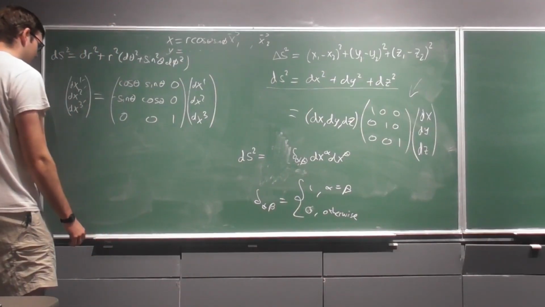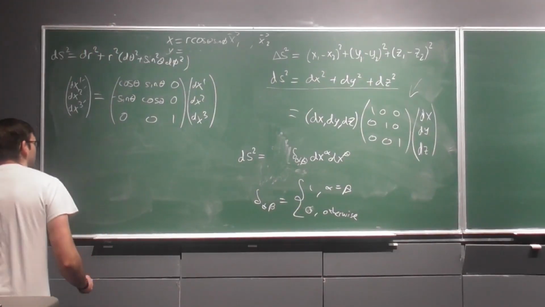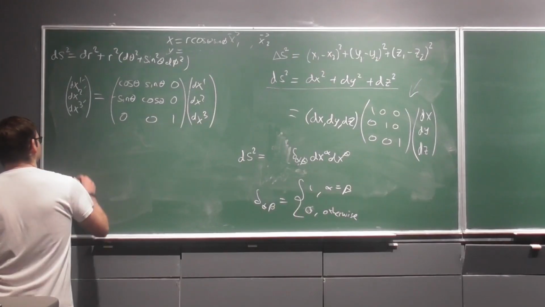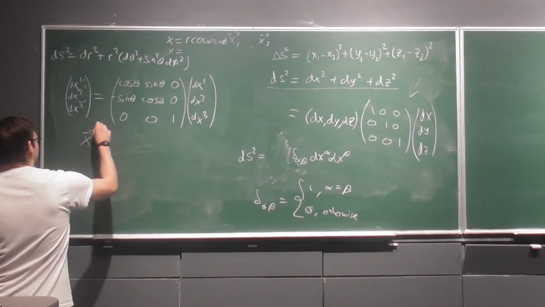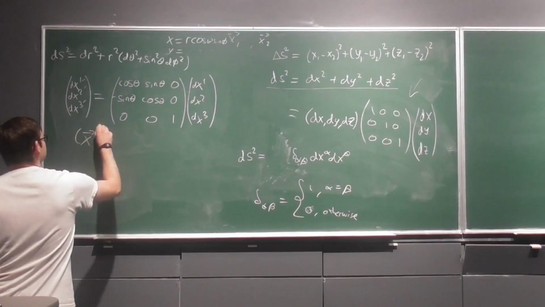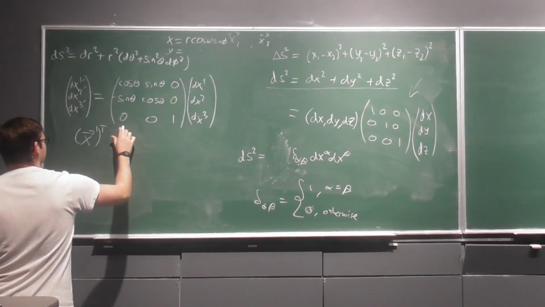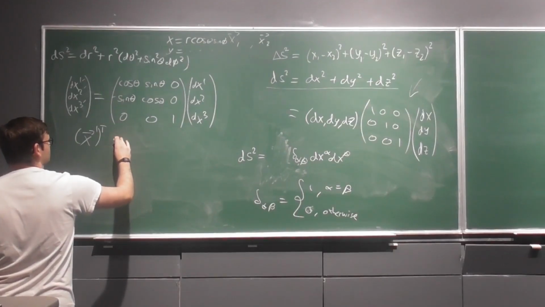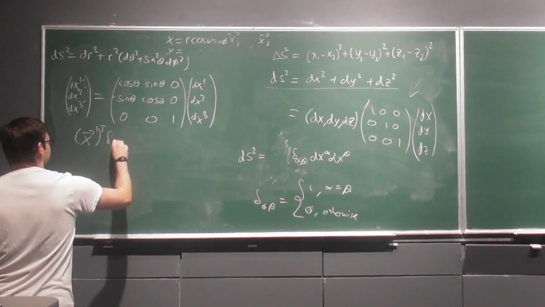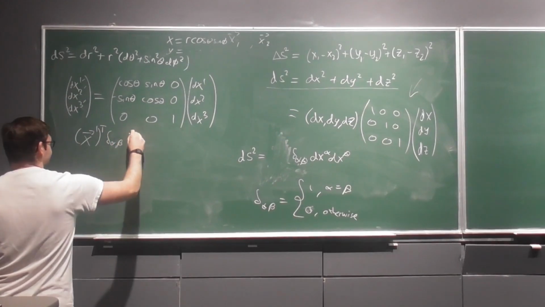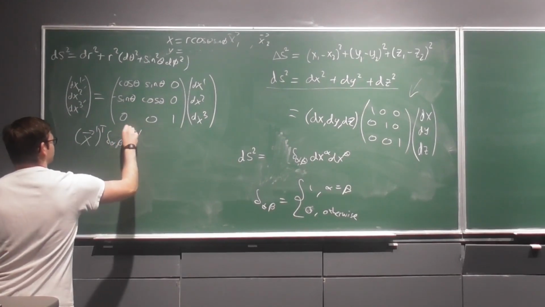So if I go to write this down, I'm going to be writing x vector prime transposed times my metric, which will be the same, and my vector x prime again.